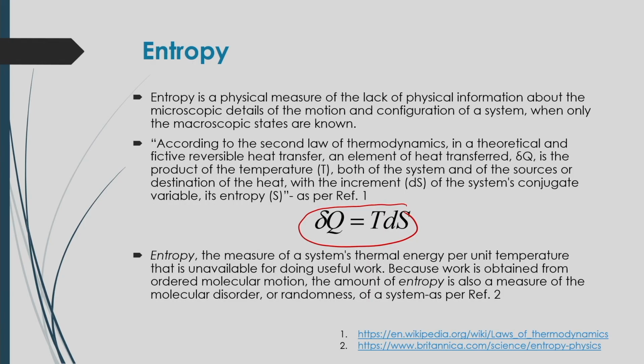So the mathematical representation is delta Q equals T into dS. Also, entropy can be a measure of a system's thermal energy per unit temperature that is unavailable for doing useful work, because work is obtained from the ordered, regular fashion of molecular motion, and it can also be a measure of molecular disorder or randomness of the system.